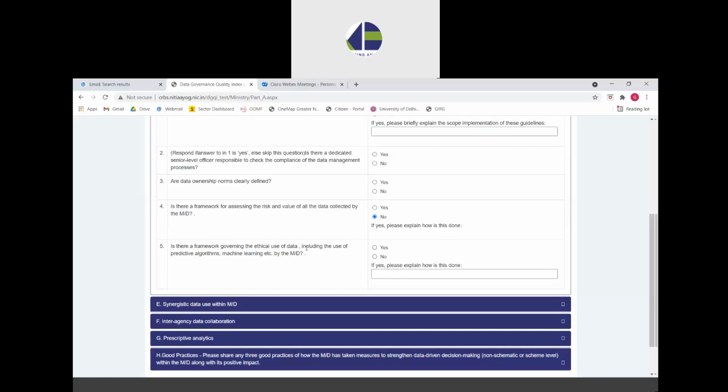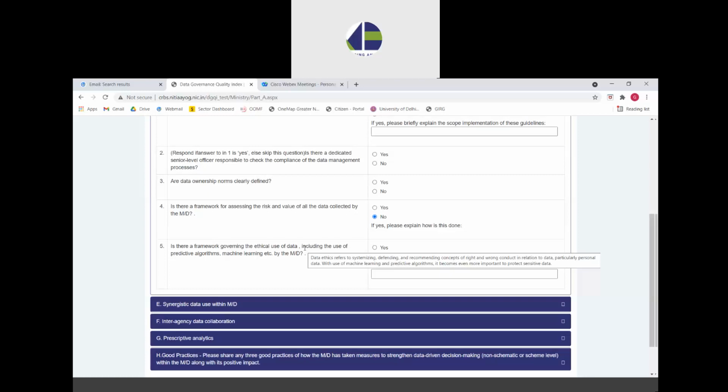And just to highlight, especially with the use of new technologies such as machine learning and predictive algorithms, it has become even more important to protect this data and ensure ethical use of data, because with the use of these technologies, it is easier to de-anonymize data now.